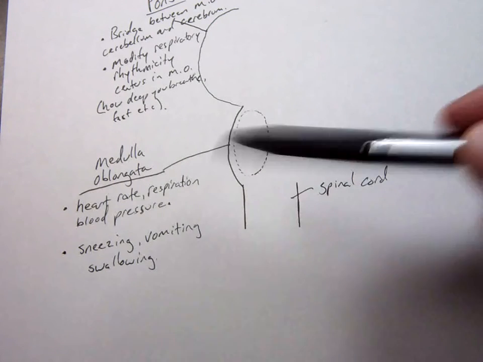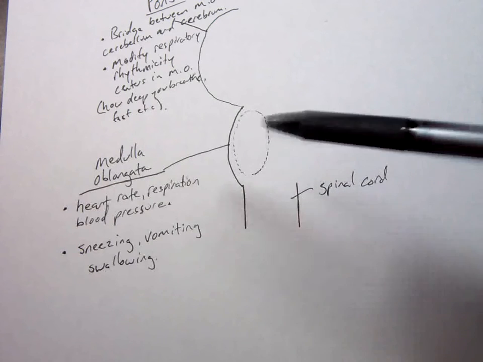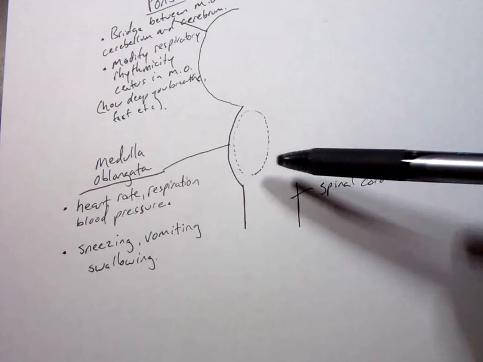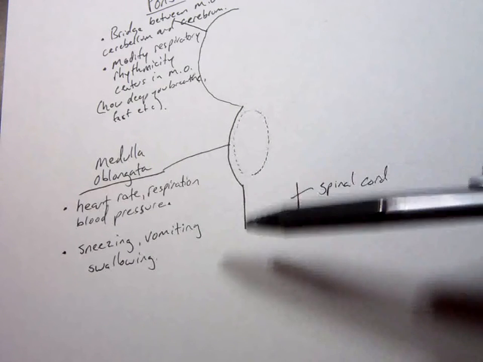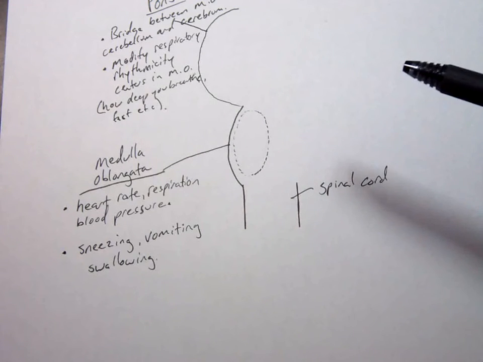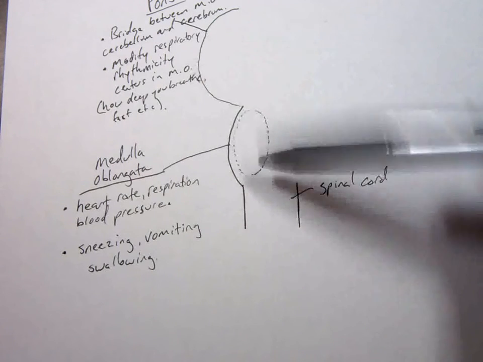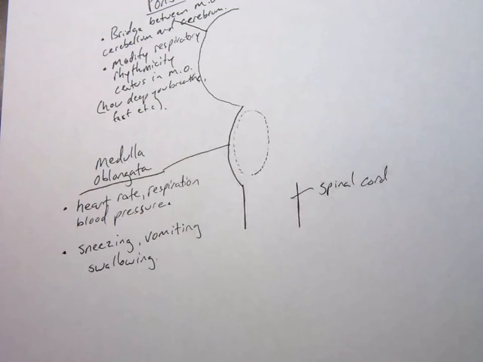So we can't say totally that everything to do with breathing happens here in the medulla, because the pons is strongly linked to it with its ability to modify what happens there. So these two work together to allow us to breathe.